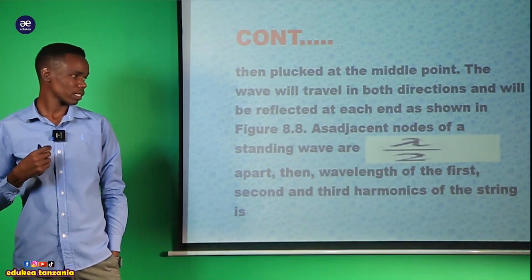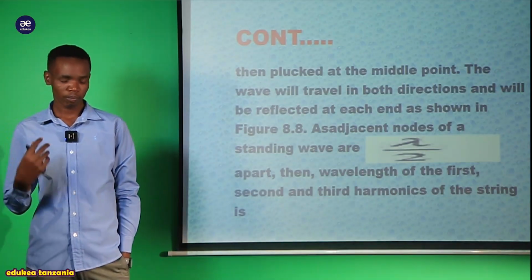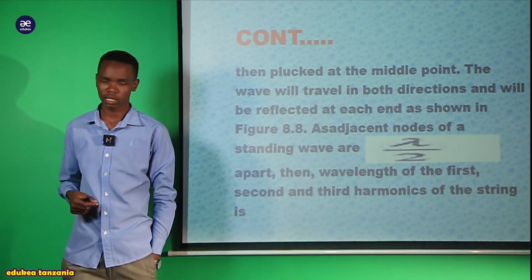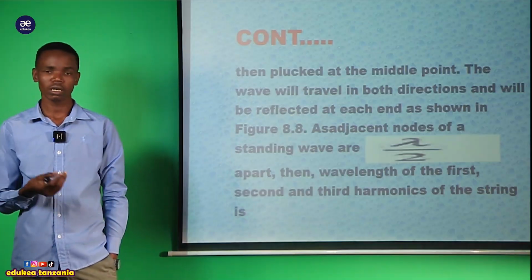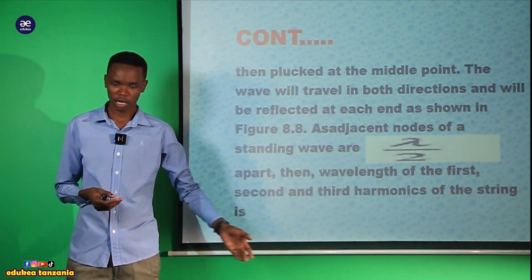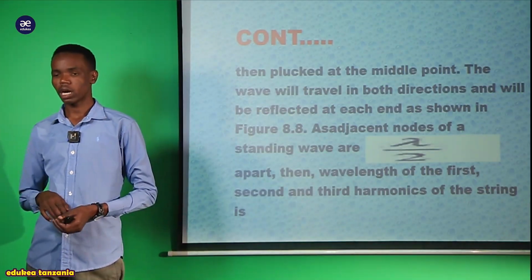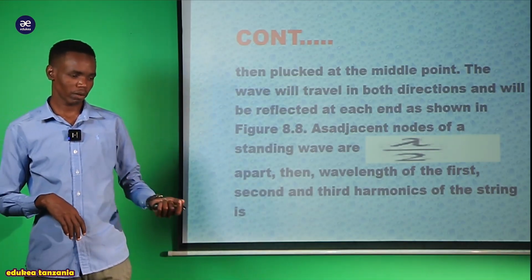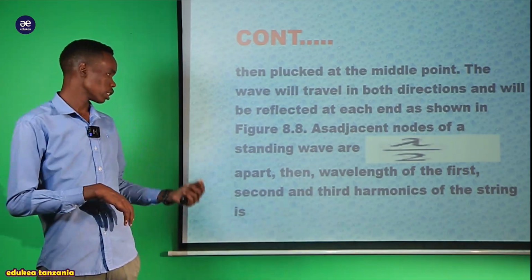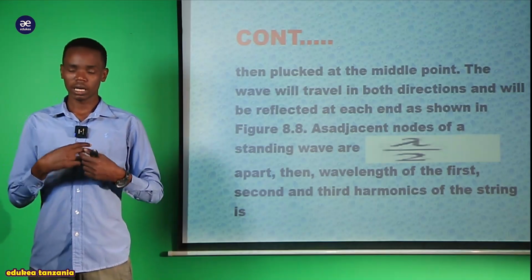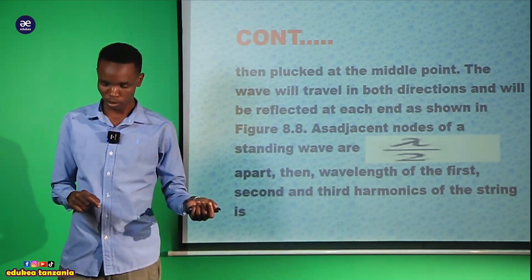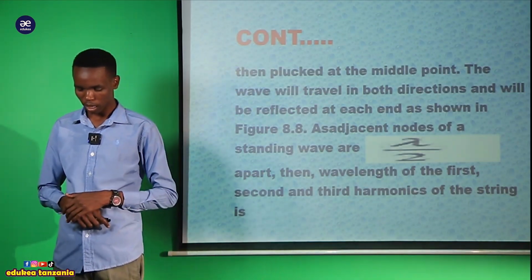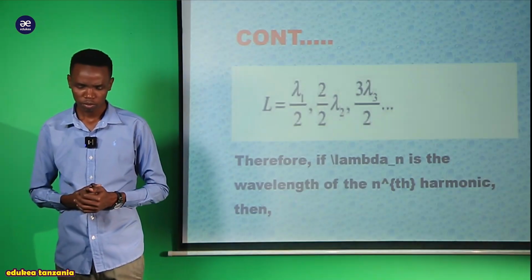Kwa hiyo tuweze kupata sasa kwamba how can we represent the wavelength of the first harmonic, the second harmonic and also the third harmonic, my lovely student. If we have been given the adjacent standing waves, their wavelength must be a half, as we have been told here, my lovely students.